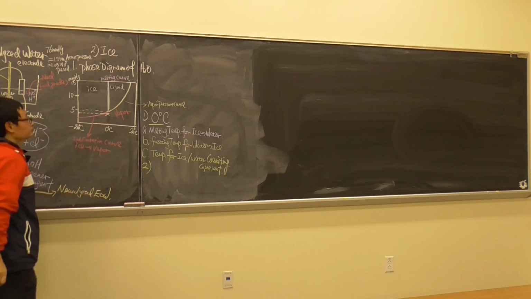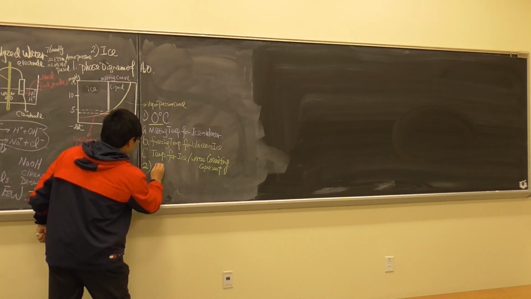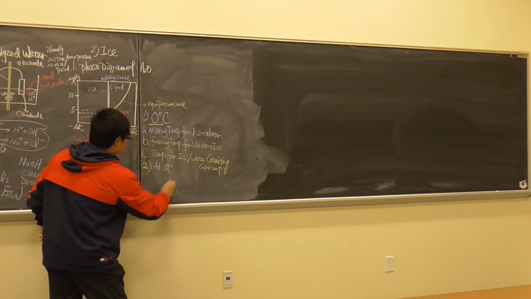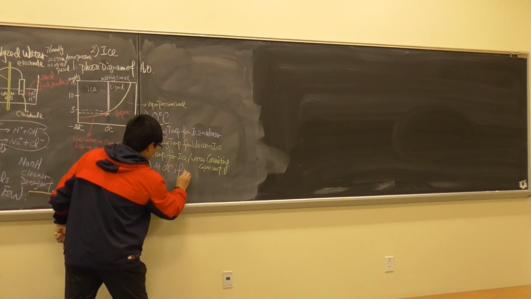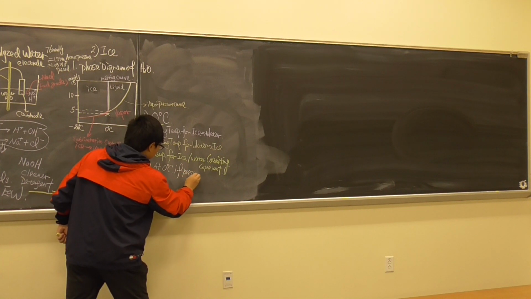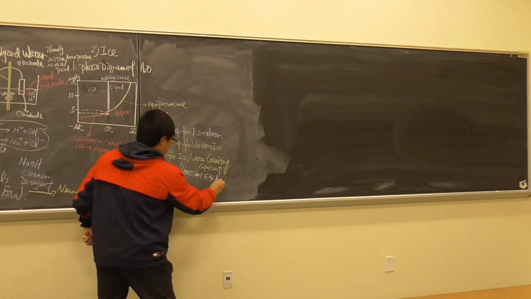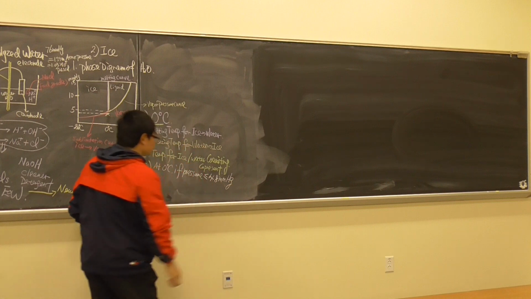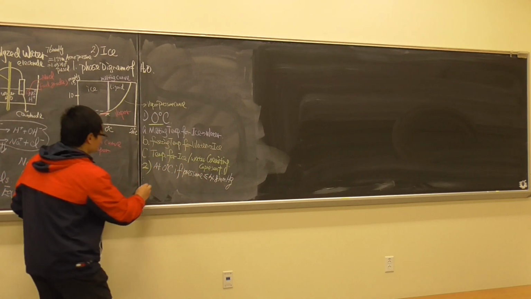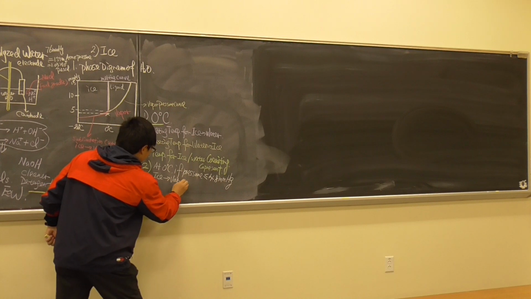So the second thing: at 0 degrees Celsius, if the pressure is less than 4.8 millimeter mercury column, the ice will directly become vapor.